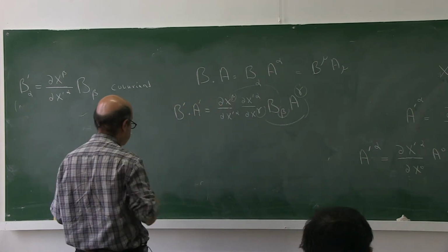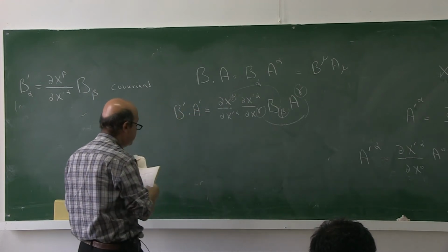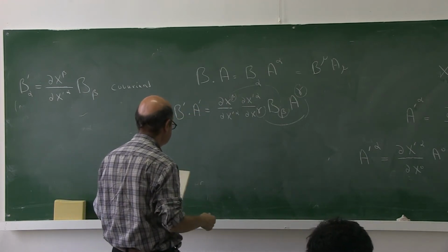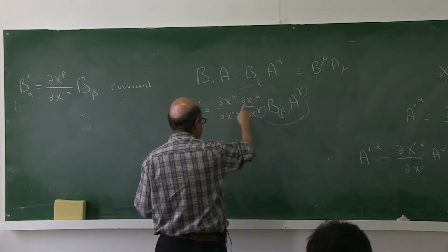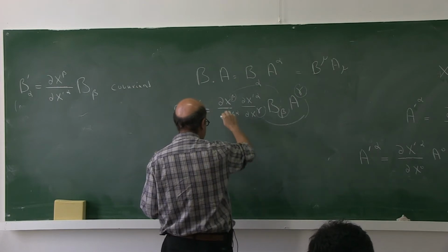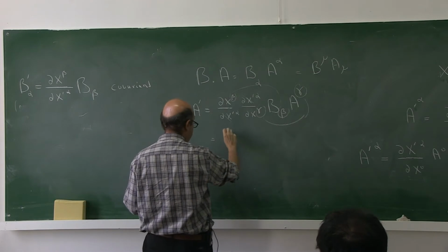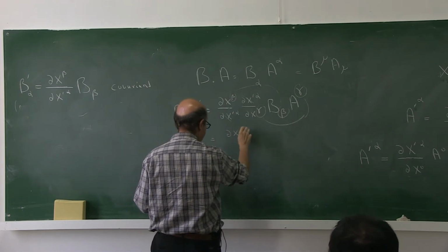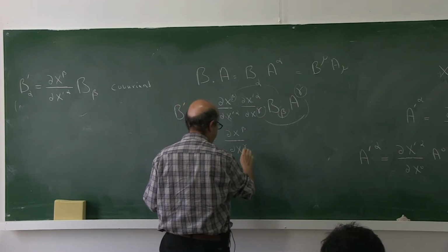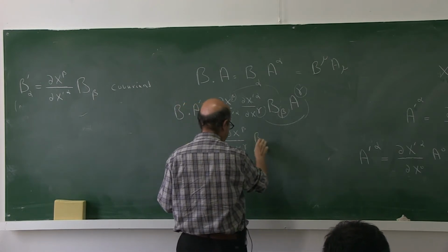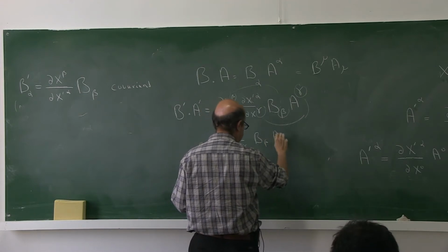So if you look at this B prime scalar product with A prime, what you are going to see is that x prime alpha and x prime alpha will cancel out, and you are left with del x beta over del x gamma, B beta, A gamma.